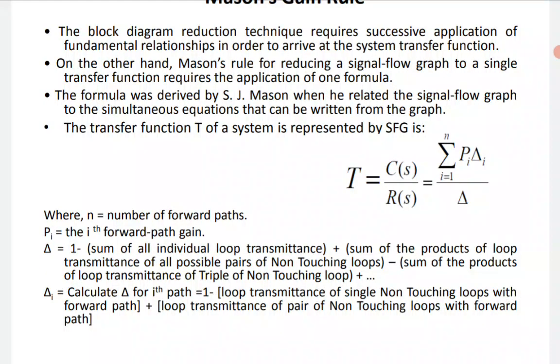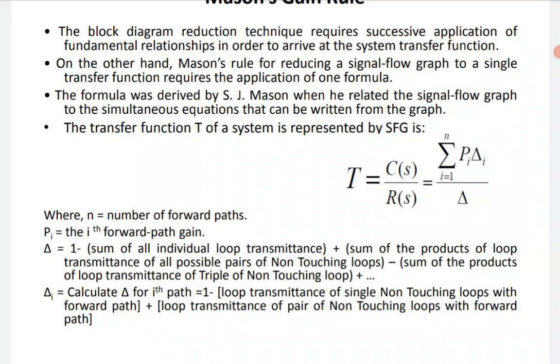Delta, a very important term, is 1 minus the sum of all individual loop transmittances, that is the loop gains, plus the sum of the products of loop transmittances of all possible pairs of non-touching loops, minus the sum of the products of loop transmittances of triple non-touching loops, plus so on. In such a way, it goes on up to n minus 1 non-touching loops.